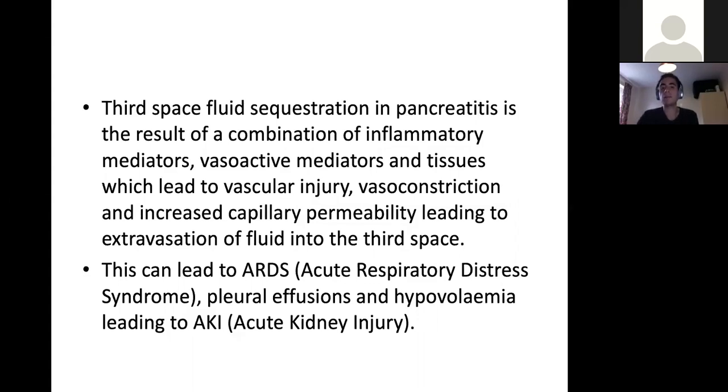This can lead to complications of pancreatitis, such as acute respiratory complications and dehydration, resulting in kidney failure. So understanding how pancreatitis can develop, this slide is quite important.